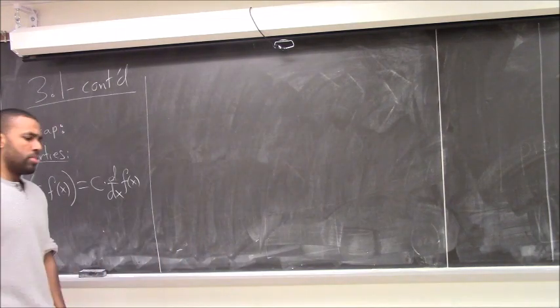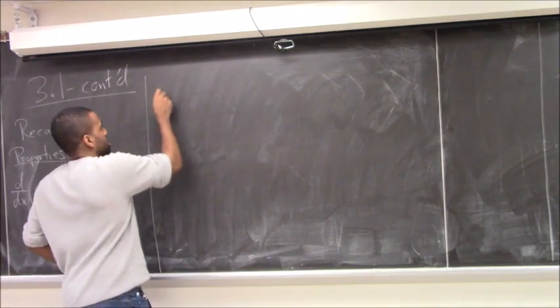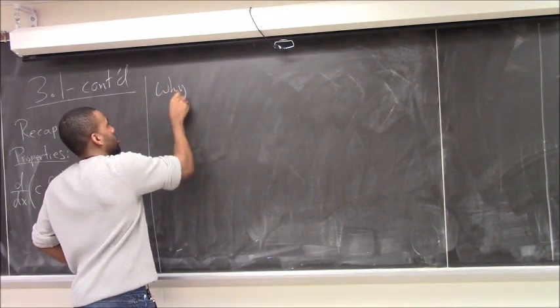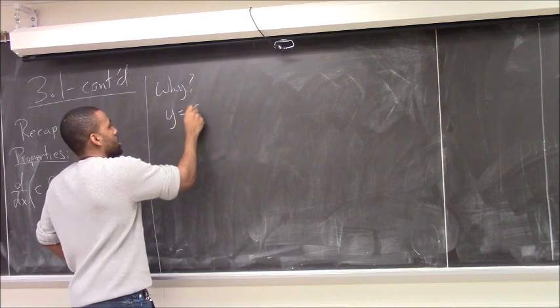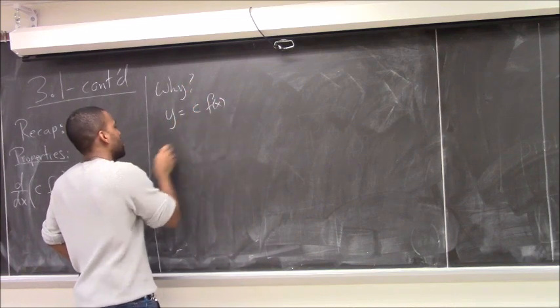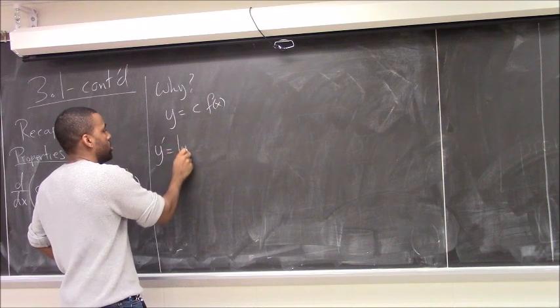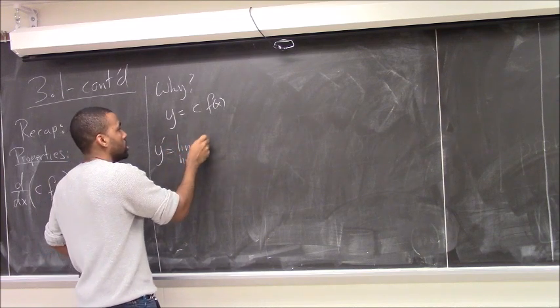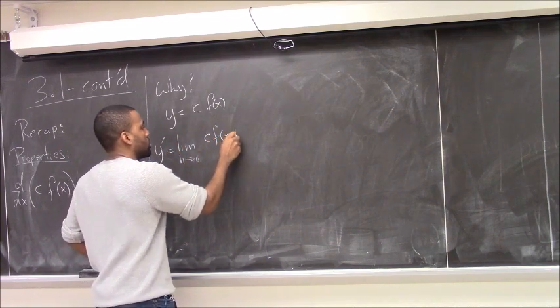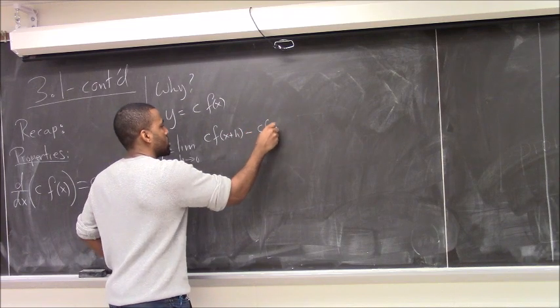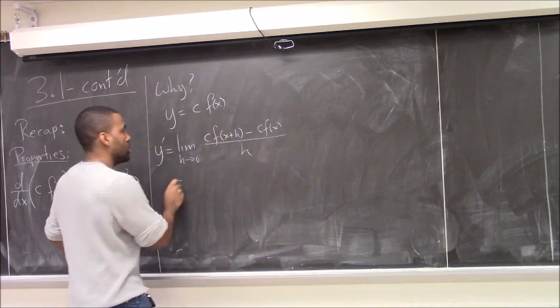I don't think I justified that to you, but the reason is this. If your y is c f of x, then your y prime would be the limit as h approaches 0 of c f of x plus h minus c f of x all over h. That's a limit.